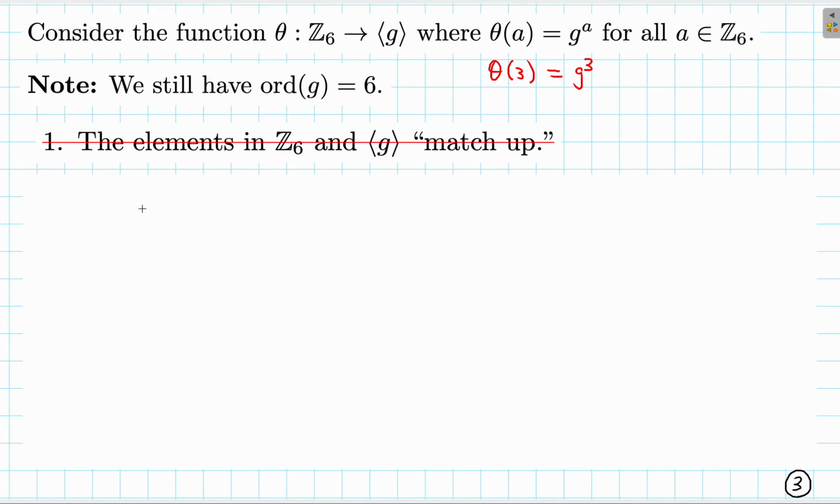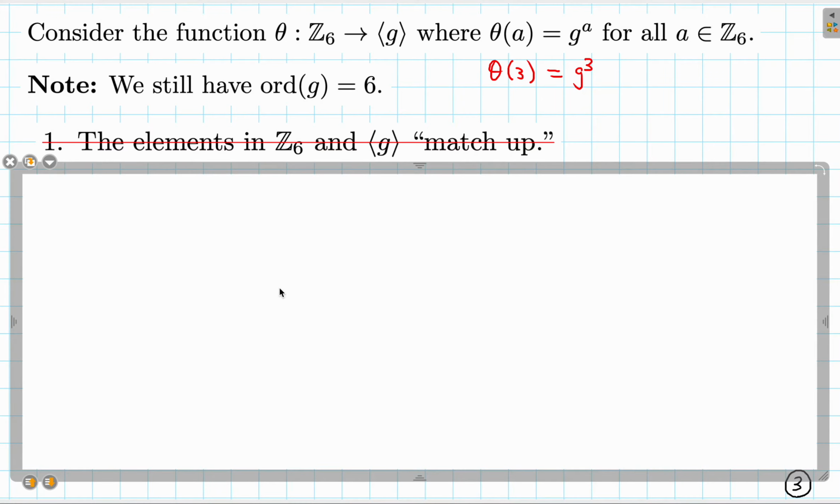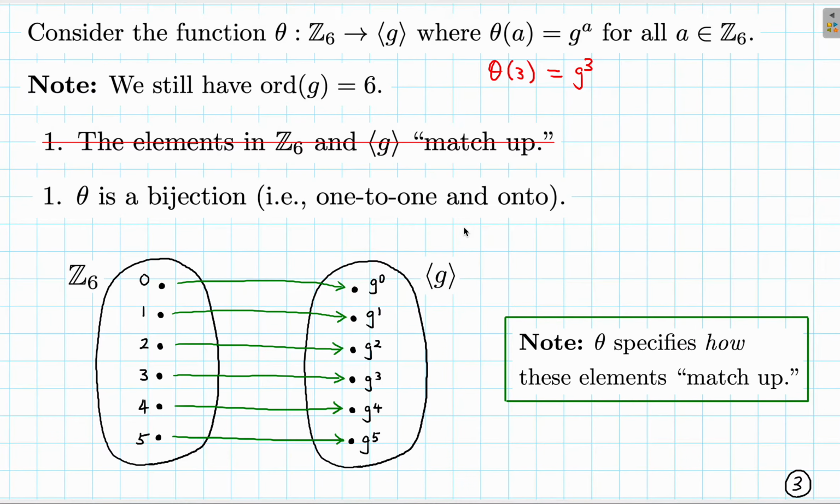So before we said that the elements of Z6 and bracket G match up, but let's make that more precise using this function theta that we have. So rather than saying that the elements in those two groups match up, what we really have is that theta is a bijection. In other words, a function that's both one-to-one and onto.